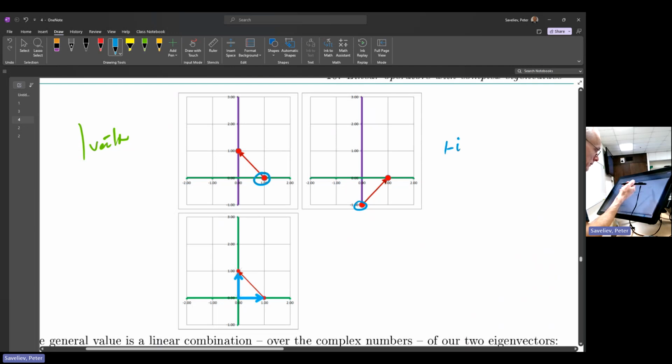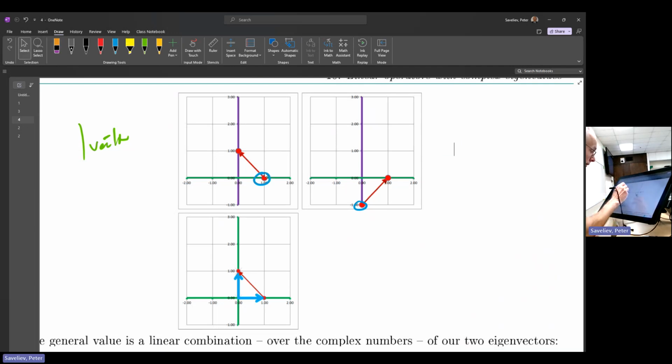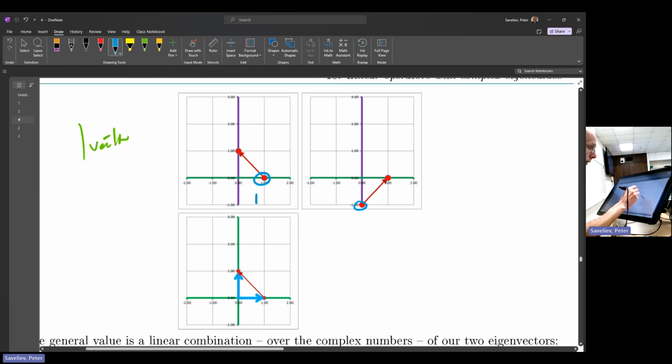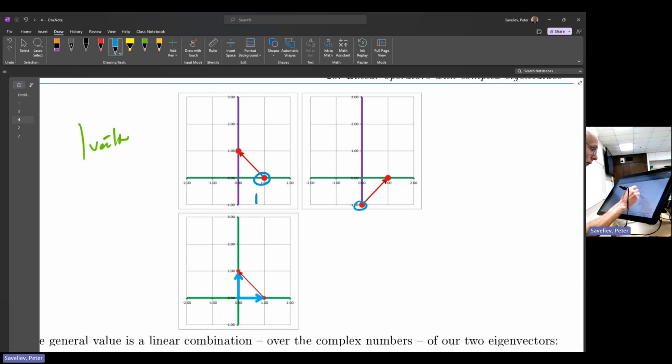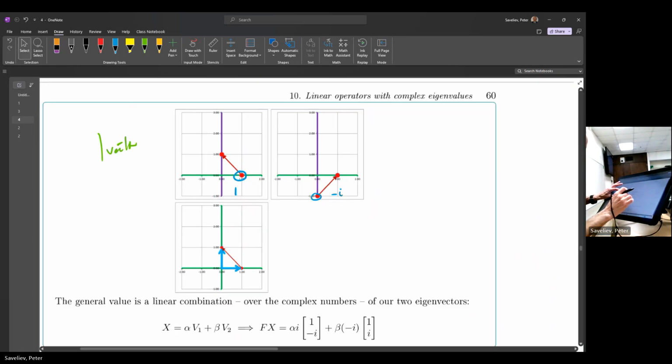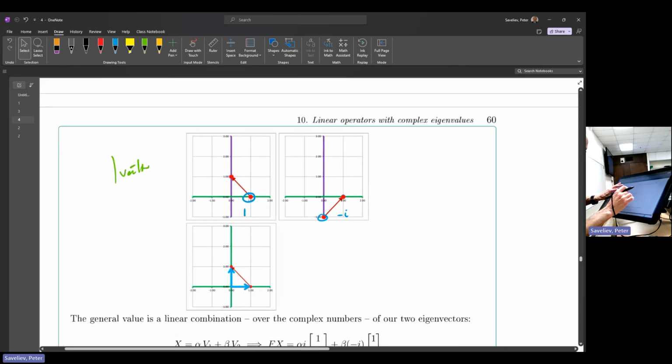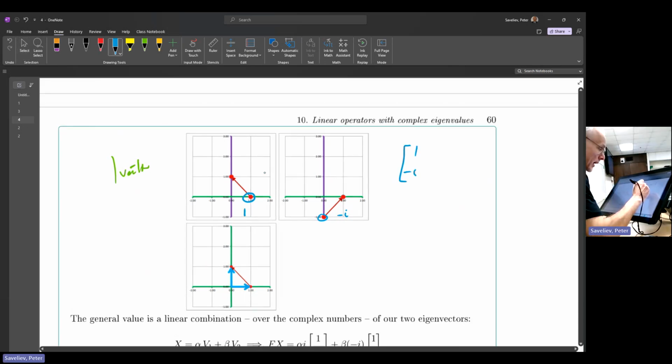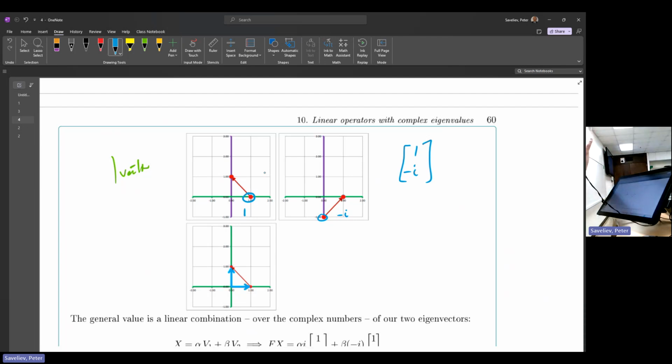This is my vector on the left, and it has two components. This one is 1, and this one is negative i. So I'm taking my vector, which is 1, negative i.